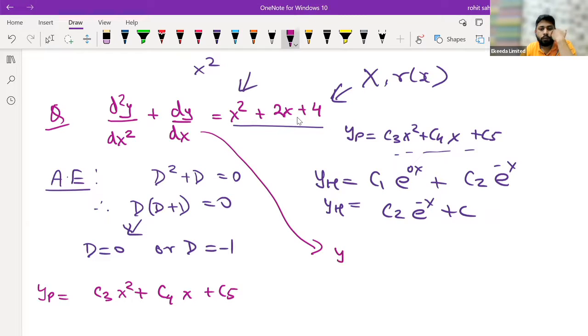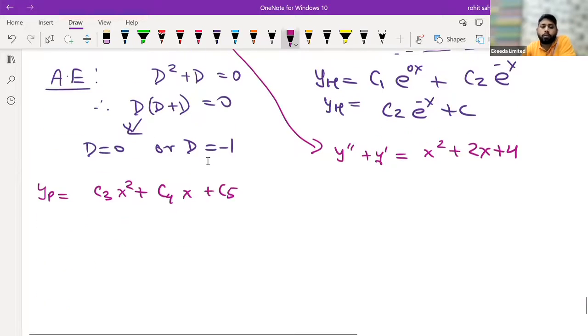It is y double dash plus y dash equal to x square plus 2x plus 4. I have just written my equation again. Double derivative means double dash, and y dash, sorry, it should be y dash. So we have to put the double derivative and single derivative of the particular solution.